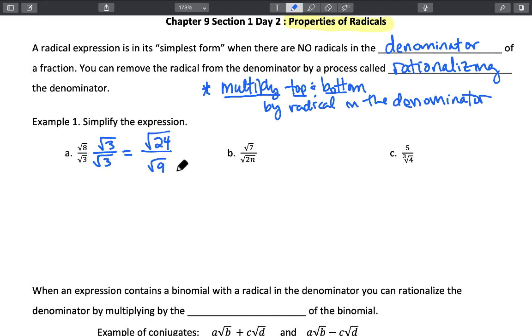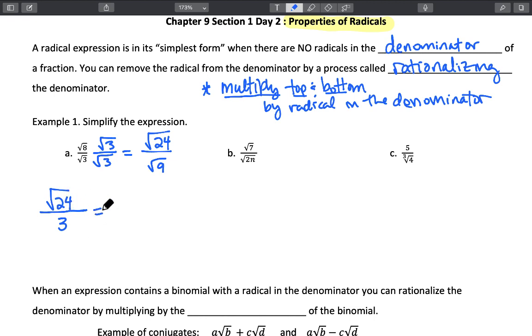All right, so something interesting happens here. The square root of 9 is a perfect square. And that should make sense because we are actually squaring 3, and that's the number under the radical. So when I take the square root of 3 squared, I'm going to end up with 3 in my denominator. So my denominator now is going to simplify to 3, and in my numerator I have the square root of 24. However, I shouldn't stop here.